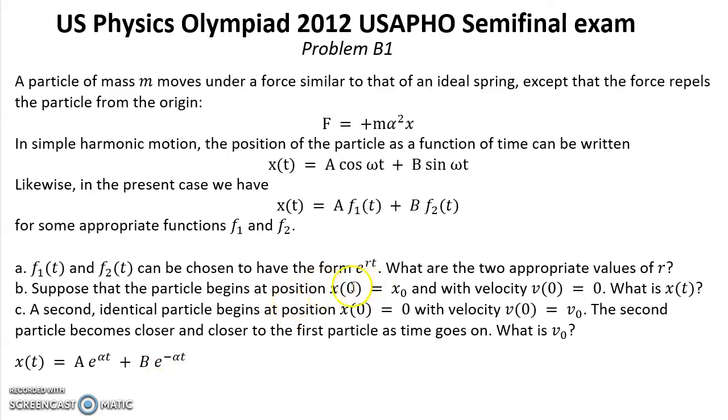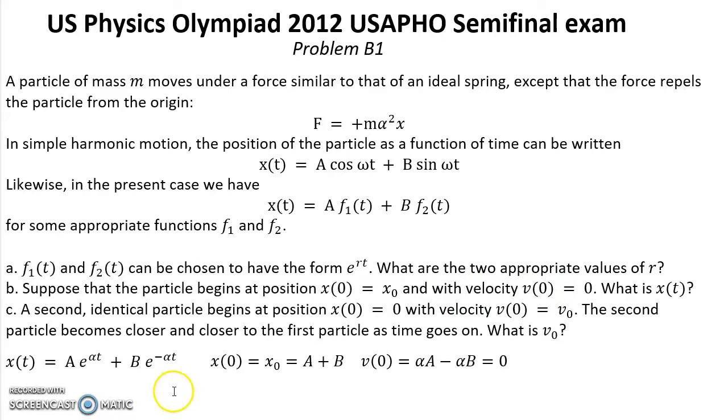Now we can use data for initial value of x and v. For x in point 0 we have x0 equal a plus b, and for speed v in point 0 we take first derivative from this expression, and for point 0 we have alpha a minus alpha b equals 0.